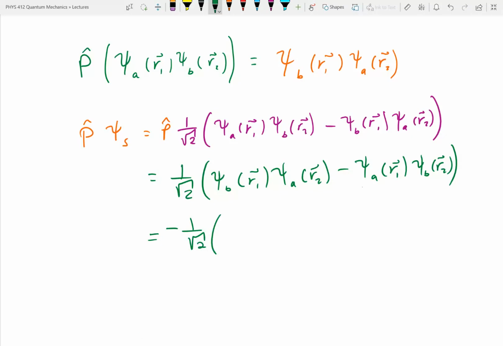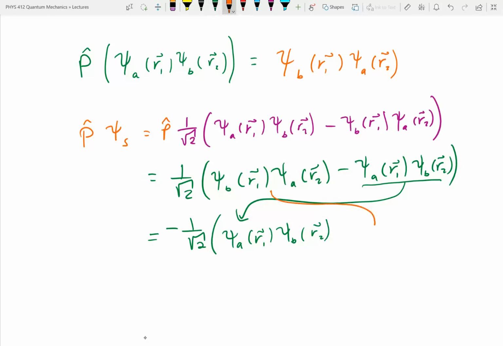And I'm going to put this one first. I factored out the minus sign, so it's going to be positive. This one here is now going to be negative because I factored out a minus 1.